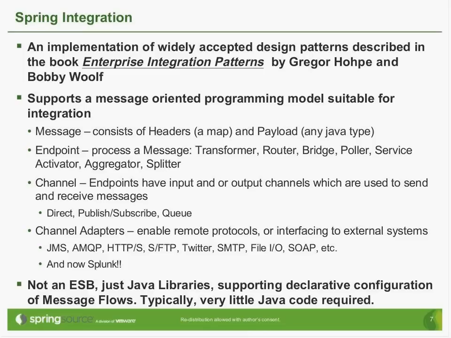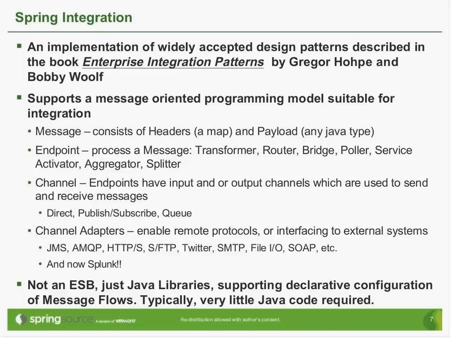Message is a common data type in Spring integration that consists of a payload, which can be any Java object, and headers, which you can think of as a map that has string keys or a set of properties. So the payload is essentially your business data, and that's application defined.